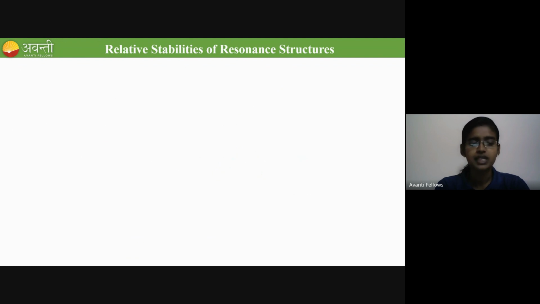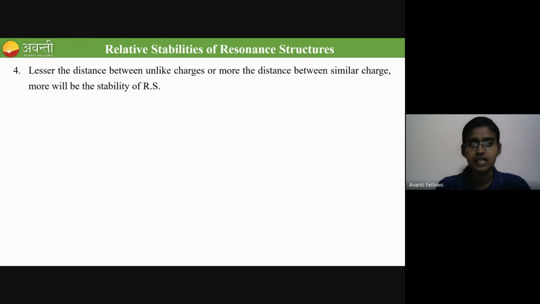Then I'll go to the fourth point to find out the stability. This point is about distance. Lesser the distance between the unlike charges, that is the positive and negative charges, or more the distance between the similar charges, more will be the stability.